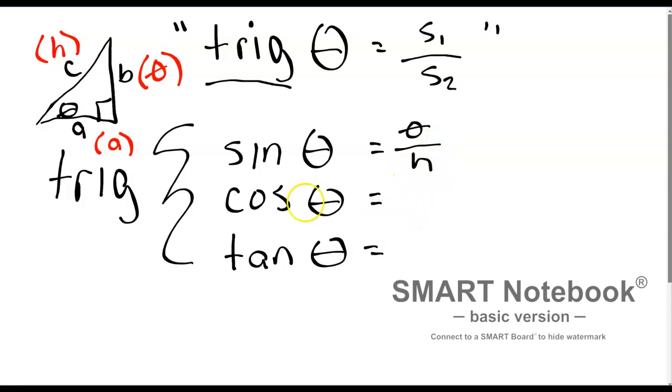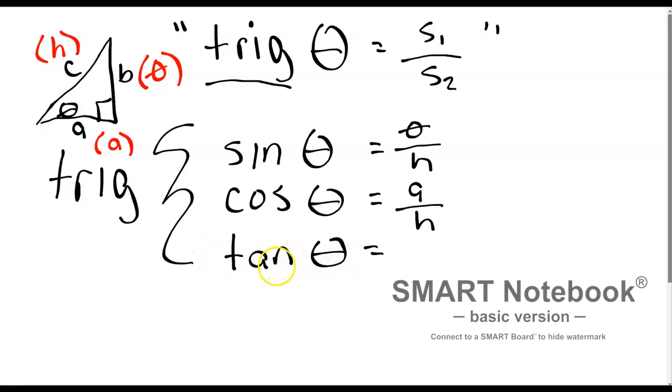If we're looking at a triangle and they're talking about a theta, but they say, give us the cosine, you're like, oh, they're talking trigonometry, so they want a fraction, a ratio of two sides. In this case, it's going to be what? Adjacent over hypotenuse.